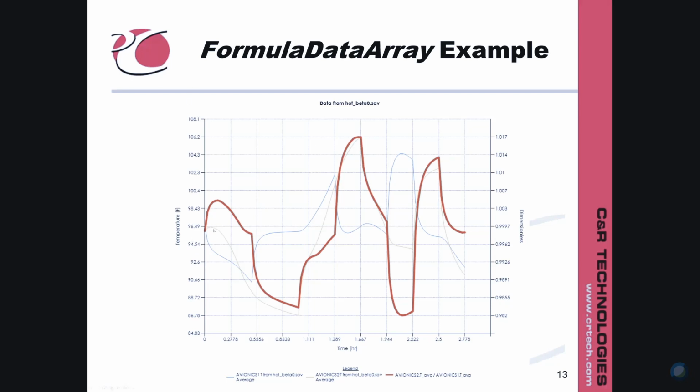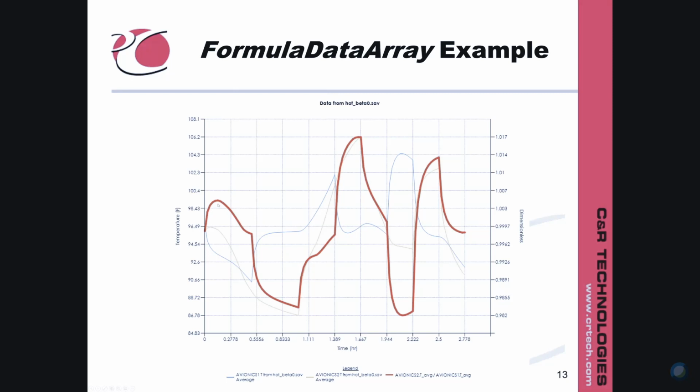And this is an example of the formula data array. This is the one that takes the arbitrary formula and uses it to operate on the input arrays. So in this case, we've got two input temperatures, the two lightweight lines. And then the formula data array that we created is this thick red line. What we asked for was, please find the quotient of these two input temperatures.